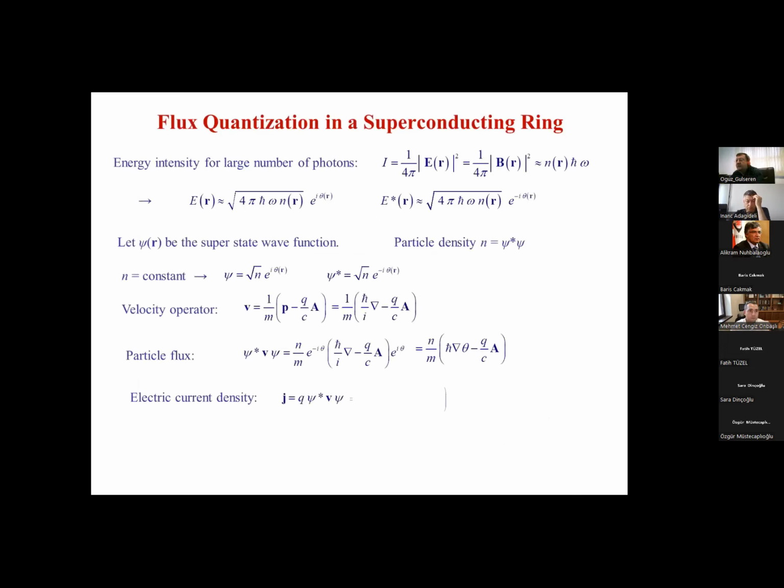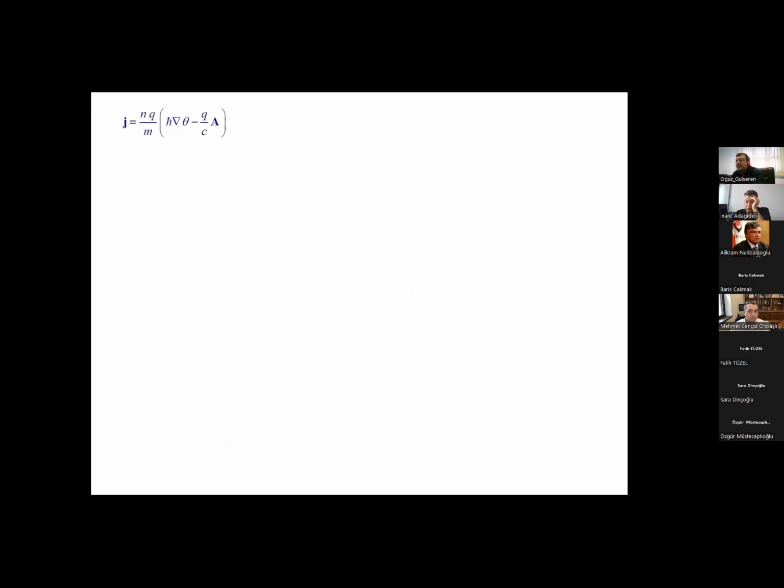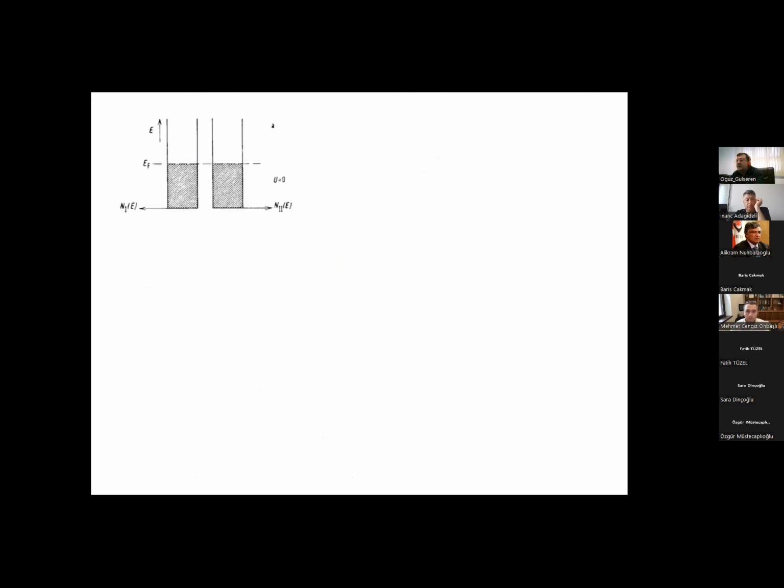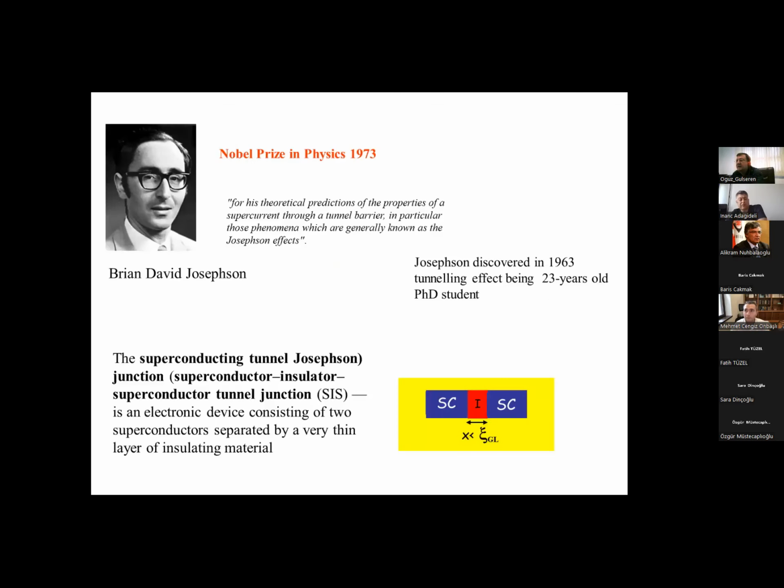In a simple approach, we can explain this flux quantization, but I'm quite late. I'm just skipping these parts, but I'll mention one more thing. We need one more piece of information here. That's the Josephson effect. He's a bright physicist.